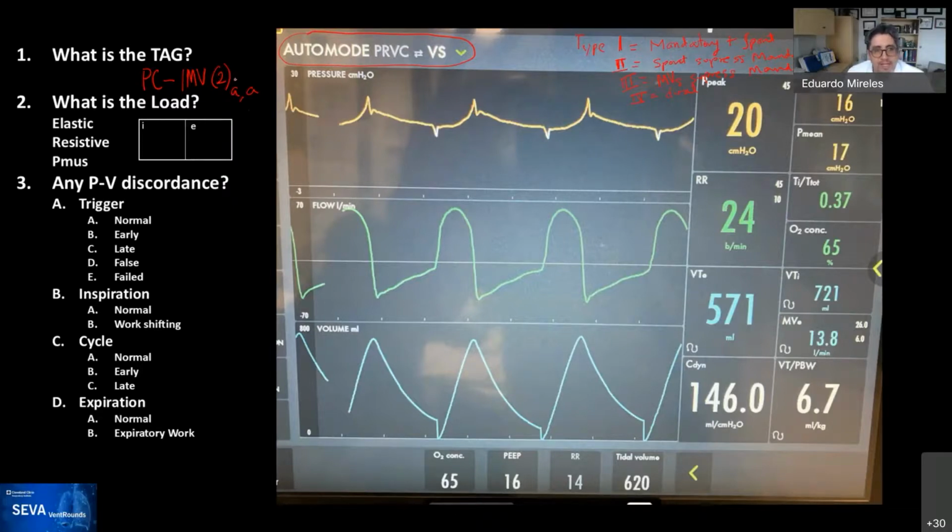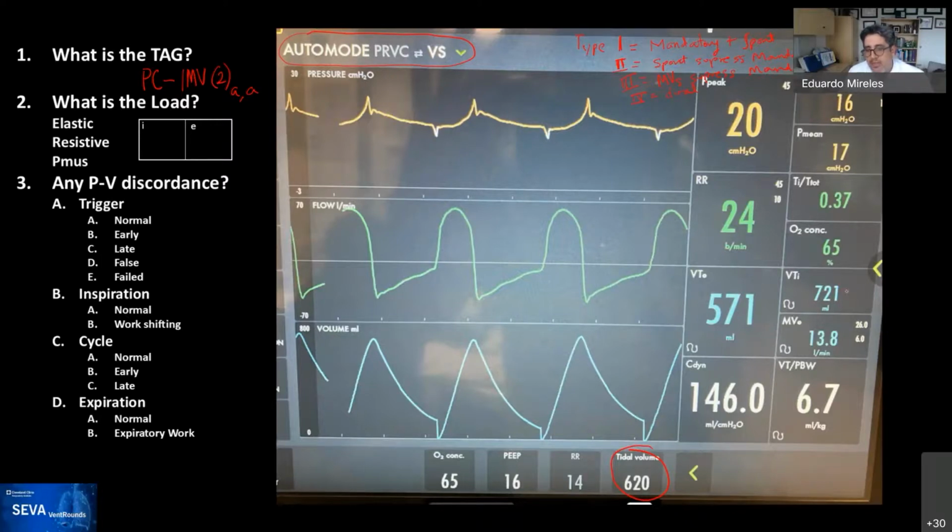And finally, there's the adaptive targeting, and what that means is that we set a target tidal volume. You see it here, and this tidal volume, if the patient is meeting it because the compliance is better, or because the resistance is decreased, or because the PMOS is active, like in this case, then it will continue to drop the pressure to achieve that tidal volume.